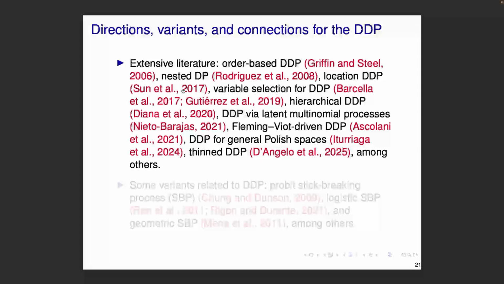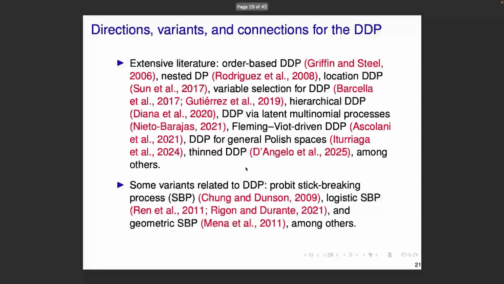So we can see contributions directly related to the DDP, with several proposals across the years in general spaces or with different strategies to be defined. And we also have other variants related to the DDP that are part of this class of stick-breaking processes, like the probit, logistic, or the geometric stick-breaking process.